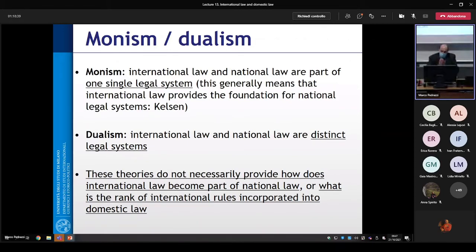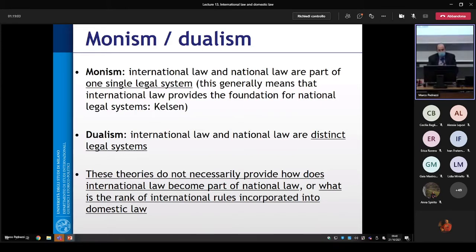But apart from this, monism and dualism do not provide the answer to all questions relating to the implementation, how international legal norms can be implemented into the national legal system.